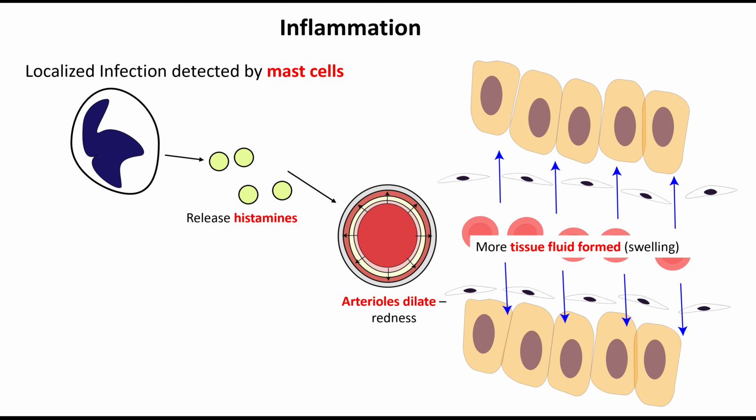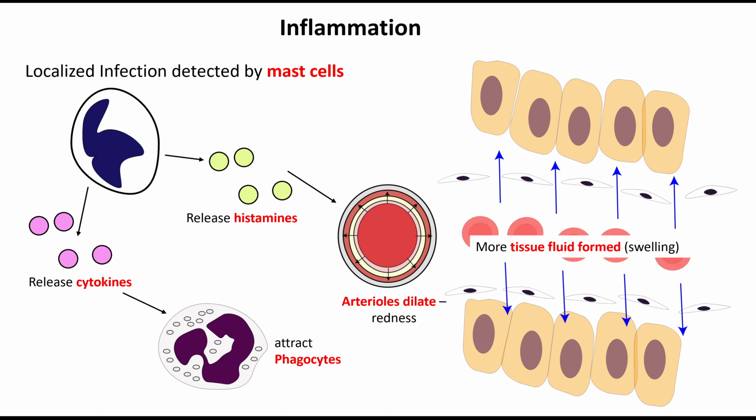But alongside that, we need something that's going to fight against that pathogen that's come in. So the next thing the mast cells do is they release cytokines. Now, cytokines are another type of chemical messenger, and what that will do is that's going to attract phagocytes to that area. Now, remember, this is localized infection, so this is signaling for the phagocytes to come to the area so that they can fight the pathogen that has entered.